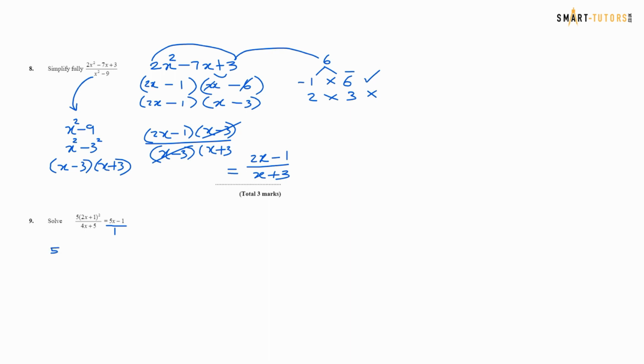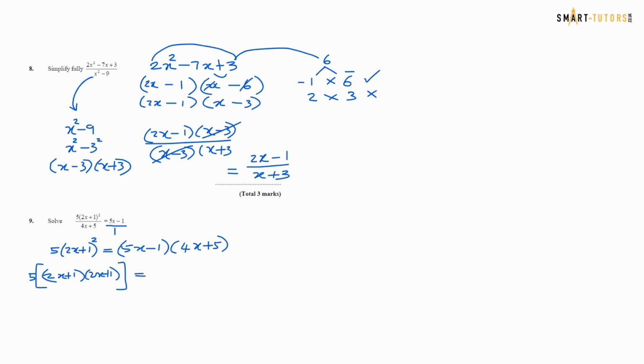So 5(2x plus 1) whole thing squared times 1 equals 5x minus 1 times 4x plus 5. So I'm going to be expanding the brackets on both sides, 5 outside, so 2x plus 1 bracket and 2x plus 1 the other bracket.